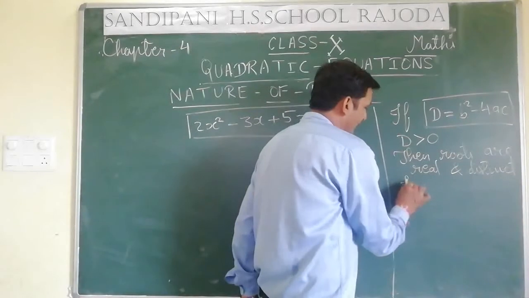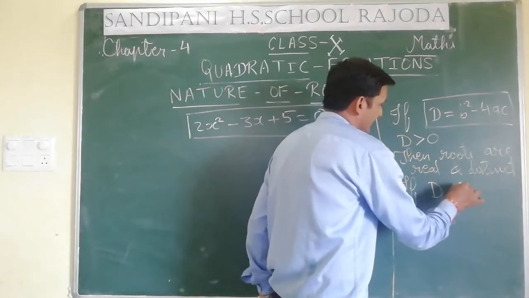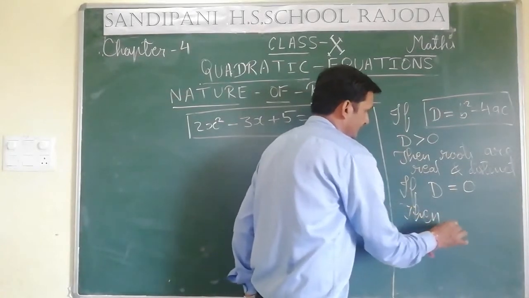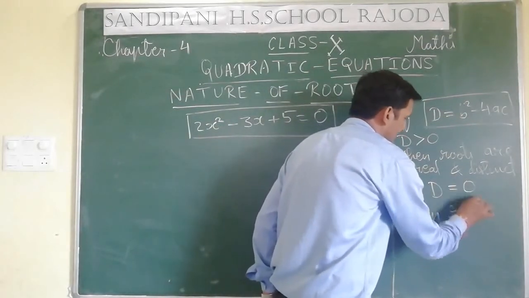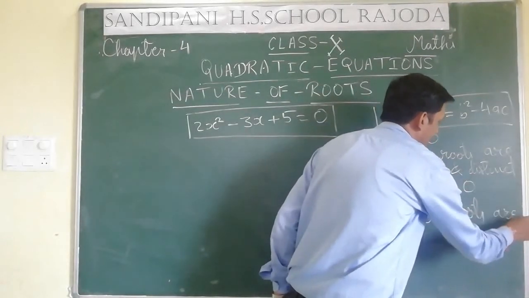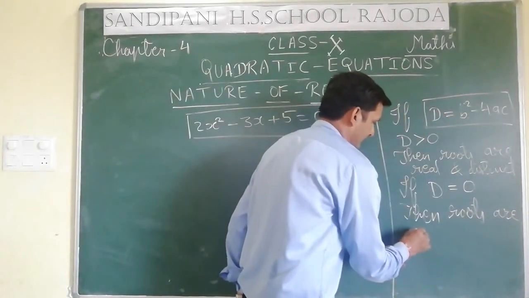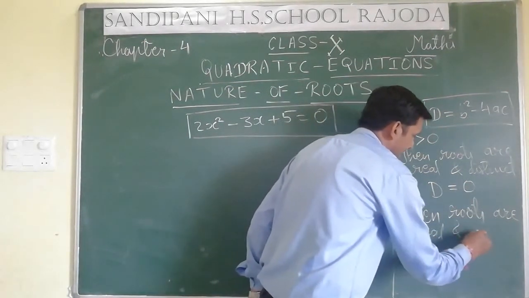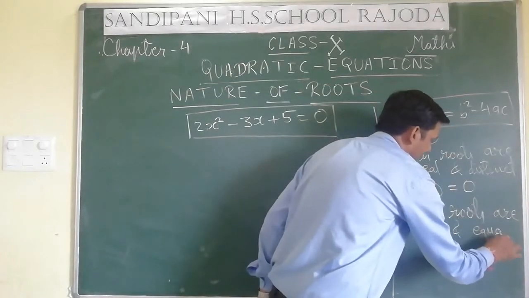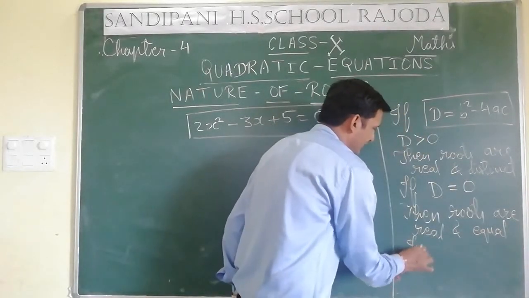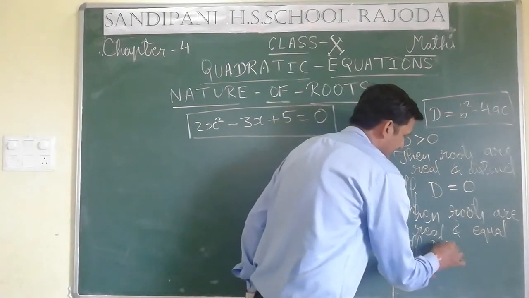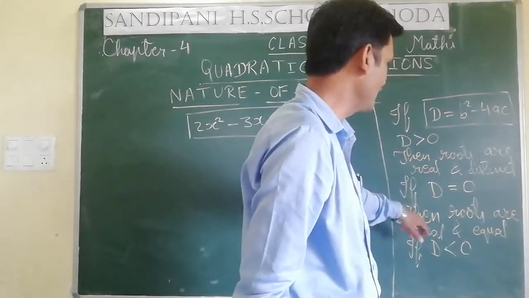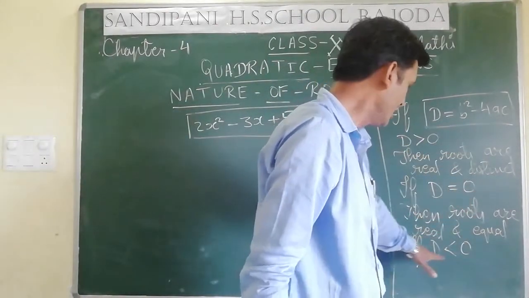Now in the second case, if d is equal to 0, then roots are real and equal. And if d is less than 0, only these three cases are possible. Either d is greater than 0, or d is equal to 0, or d is less than 0.